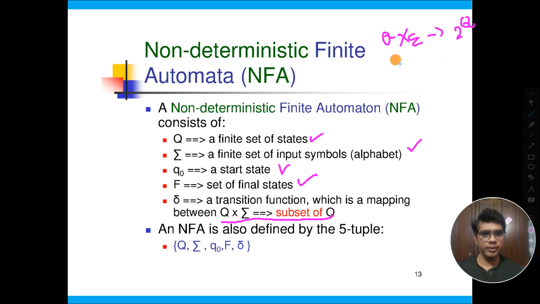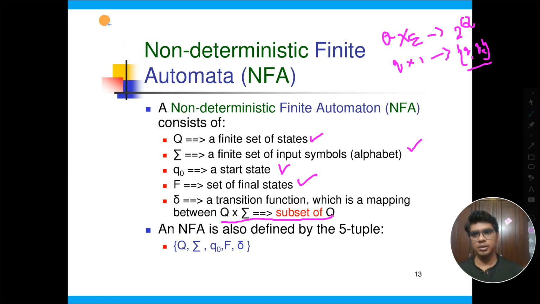That means when you give an input on particular states, let's say if you take the previous example, you take state Q and give an input 1, it may go to any subset of states. Earlier it was Qj and Qk, something like this. That means this is a subset of Q. That's why we map it from Q × Σ to 2^Q. So it may go to one state or two states or three states or any number of states of Q.